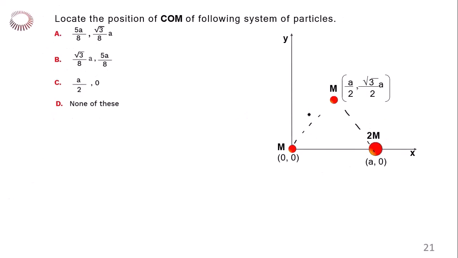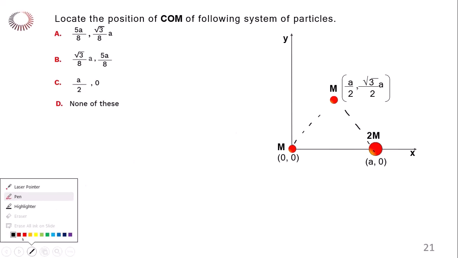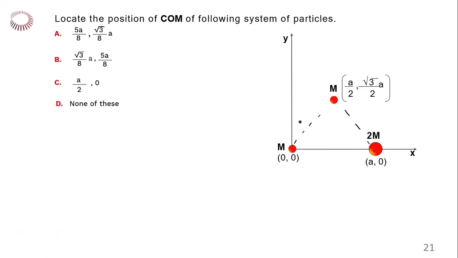Similarly, this one is already done. Okay. So here, locate the center of mass where all the coordinates of the system are given. So the coordinates are given, but now the particles are of unequal masses. Now the particles are of unequal mass. The concept remains the same. So if I calculate the x center of mass, let us say for the first particle, second particle, third particle. For the first particle, its coordinate is 0. So m into 0.